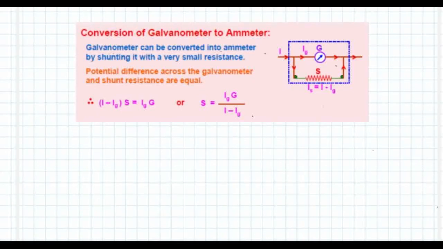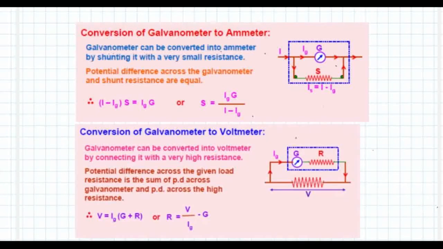Then a galvanometer can be converted into a voltmeter also. To convert a galvanometer into a voltmeter, we connect a very high resistance in series with the galvanometer. So to an ammeter, a small resistance in parallel; to a voltmeter, a high resistance in series.